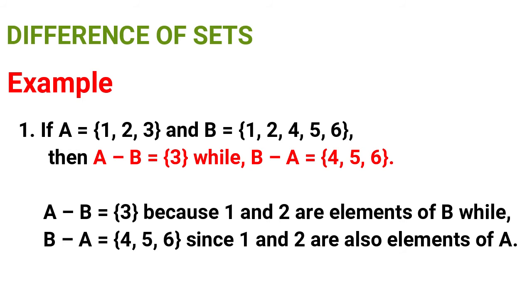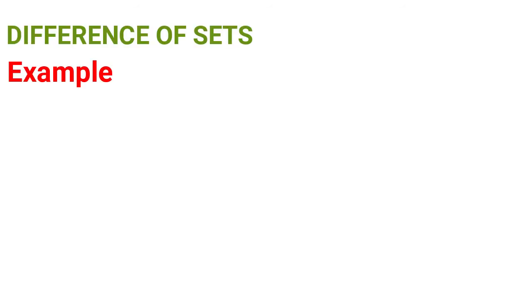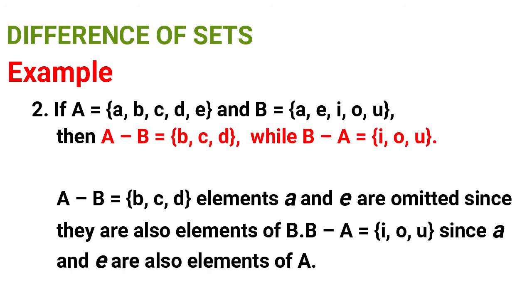In example 1, A minus B is equal to {3} because 1 and 2 are elements of B, while B minus A is equal to {4, 5, 6}, since 1 and 2 are also elements of A. In example 2, if A is equal to {a, b, c, d, e} and B is equal to {a, e, i, o, u}, then A minus B is equal to {b, c, d}, while B minus A is equal to {i, o, u}.